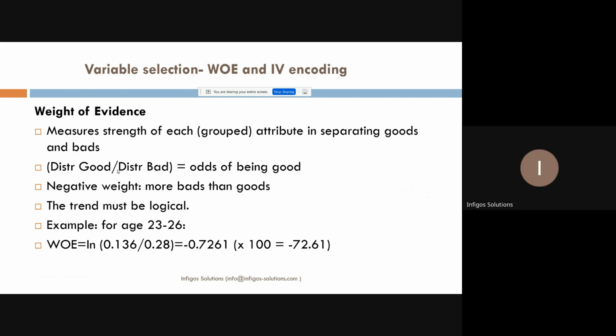Right. And the second question is, in most of the projects I have seen, it depends on client to client and modeler to modeler, some of them use the WOE variable in their model, and some of them do not. So what should be the better approach here?